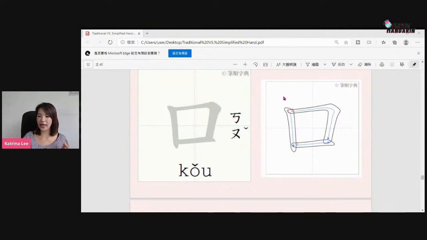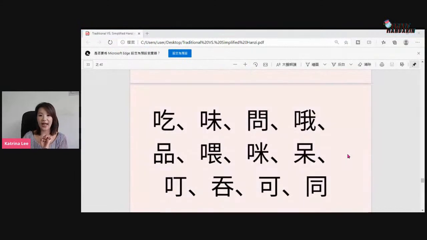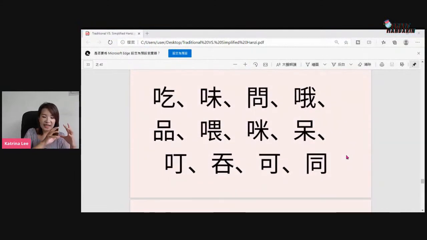Let me show you again. 1, 2, 3. So once you know how to write this component, next time you learn different characters with the same component, you already know how to write half of it.